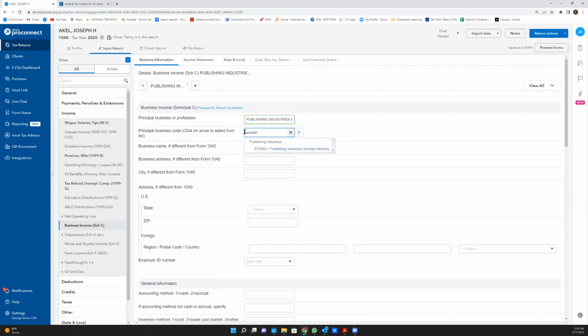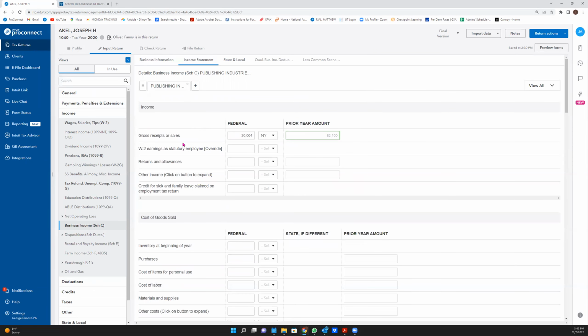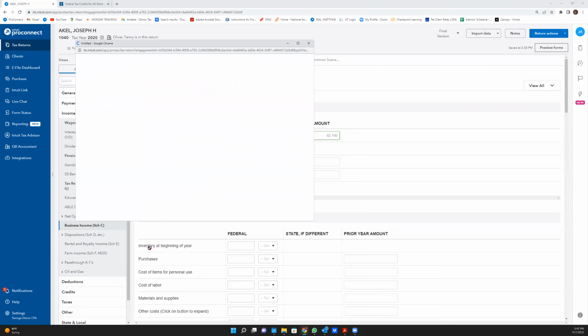You just start typing in whatever it is that the client does, and then you just select what it is.